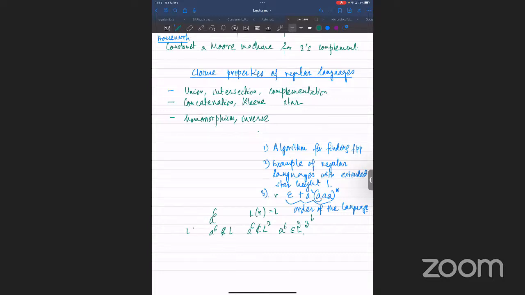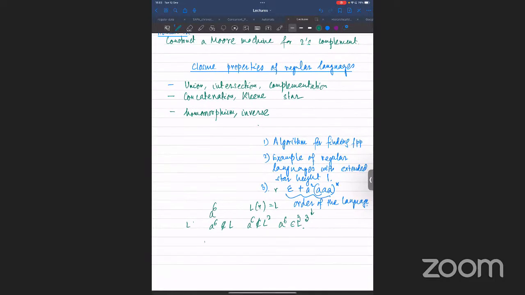So what was your argument now? The number of A's will be 2 mod 3. So the number of A's, let me call it hash A in W. This is how I represent the number of A's in a word W. So what you were saying, it is 2 mod 3.